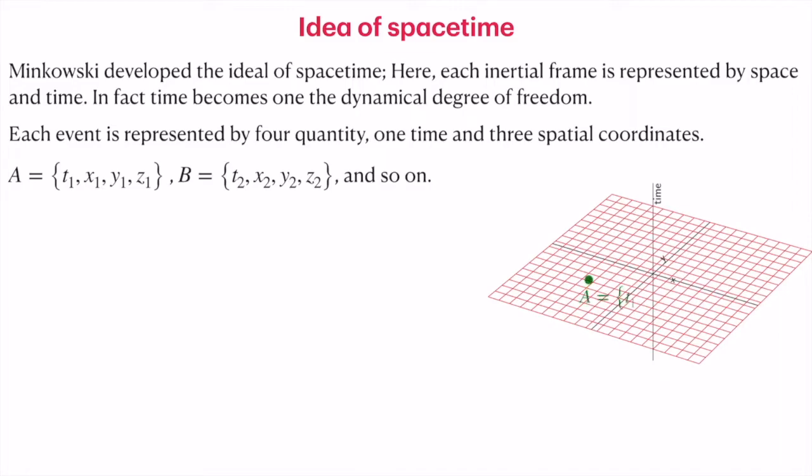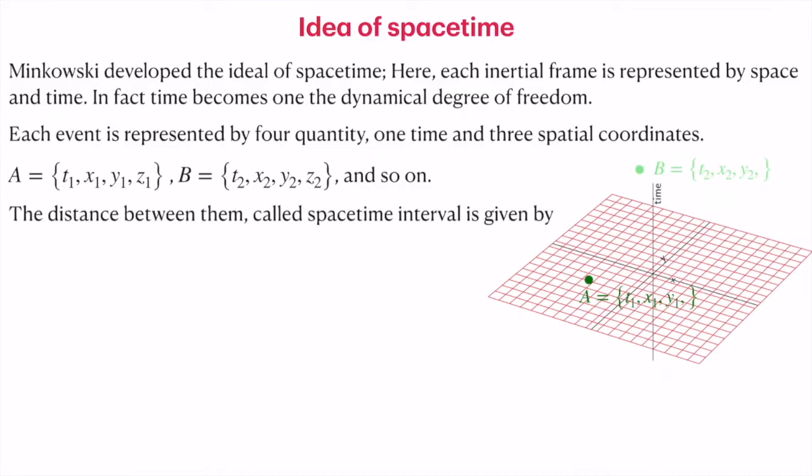So you have a space-time coordinate system given by an orthogonal system where you have events A and B, and the displacement or distance, called the space-time interval between the events, is given by ds square is equal to c square dt square minus dx square minus dy square minus dz square. So this represents the space-time separation or interval between the two events in a space-time.